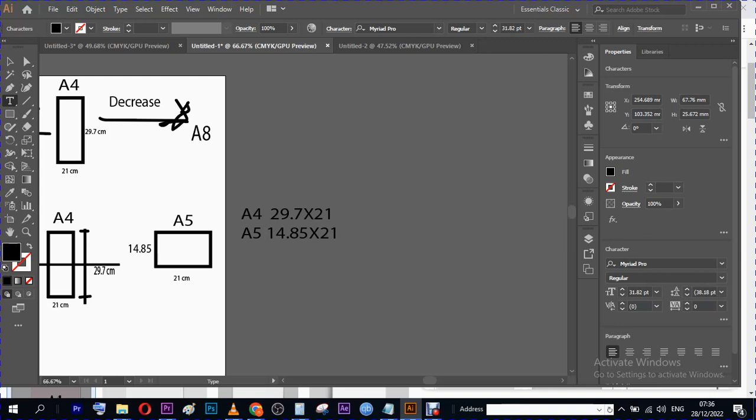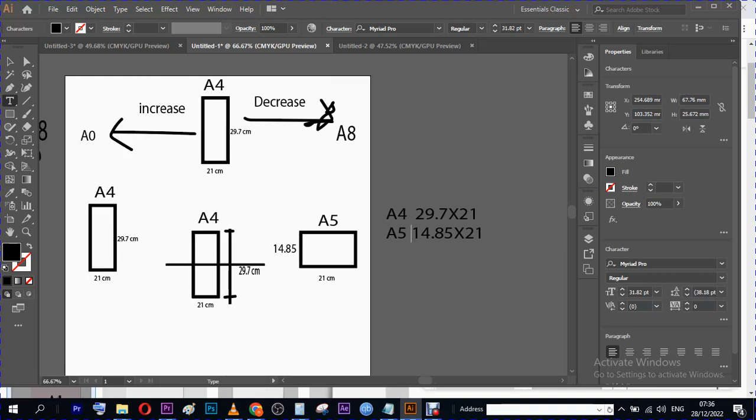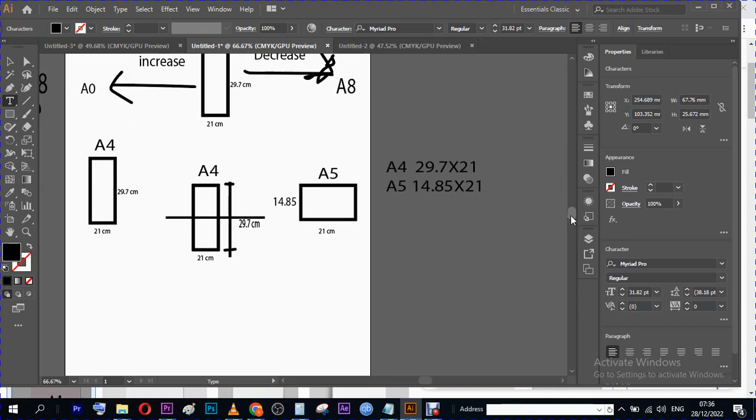So are you seeing that? I want you to understand how these different paper sizes are got.